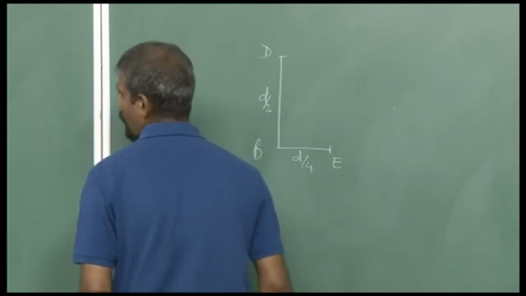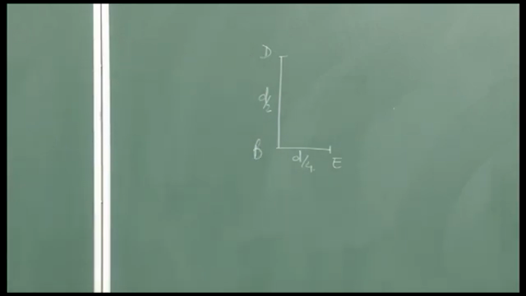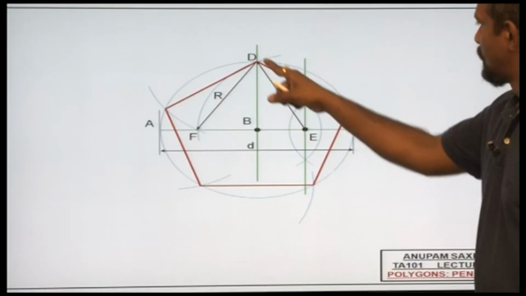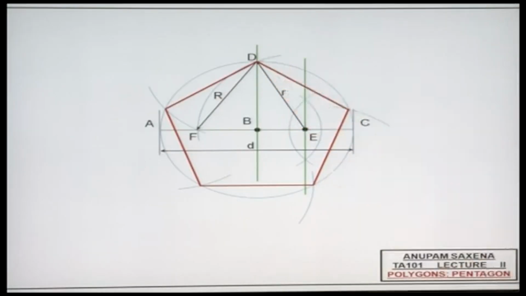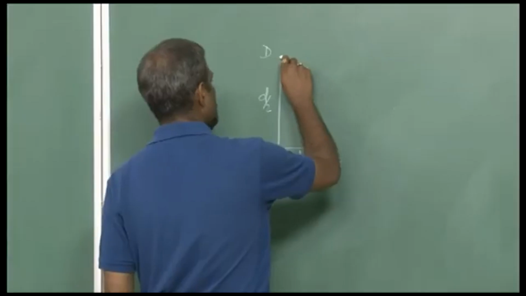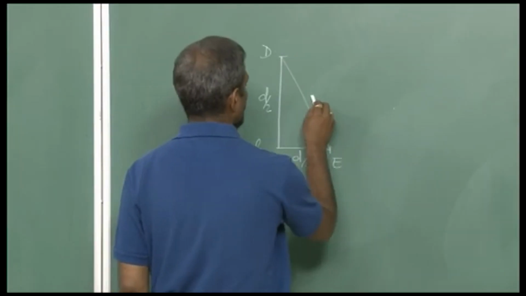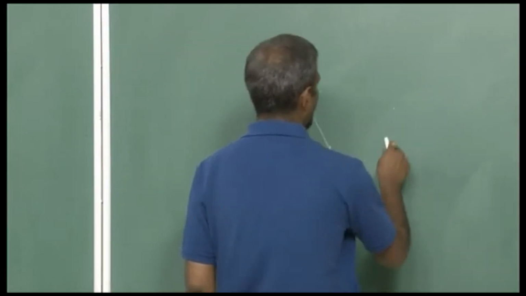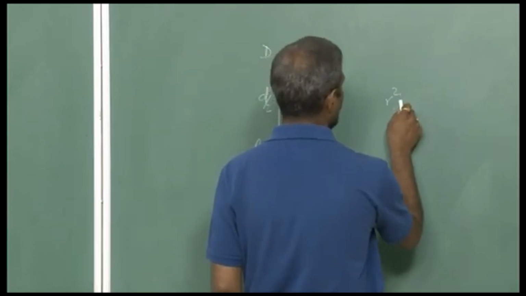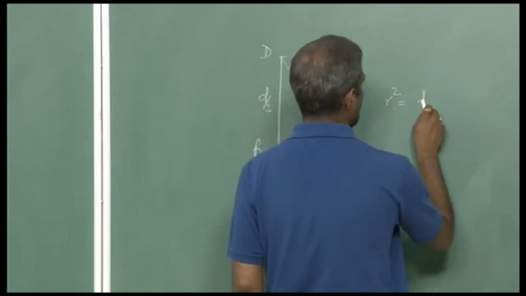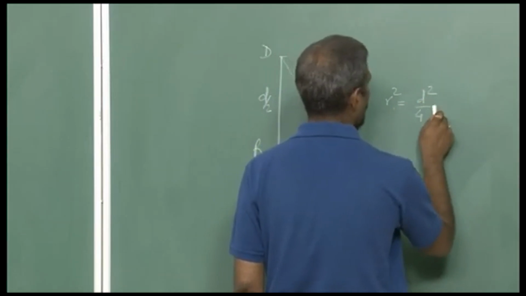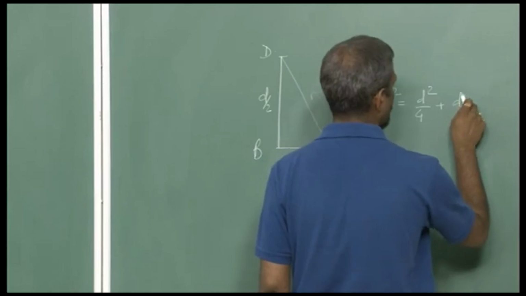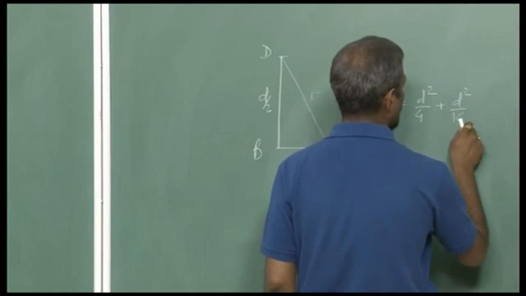And now, look at this distance DE. Let's first try to figure what this distance is. So this is r, then we'll have r squared by Pythagoras theorem as d squared over 4 plus d squared over 16.